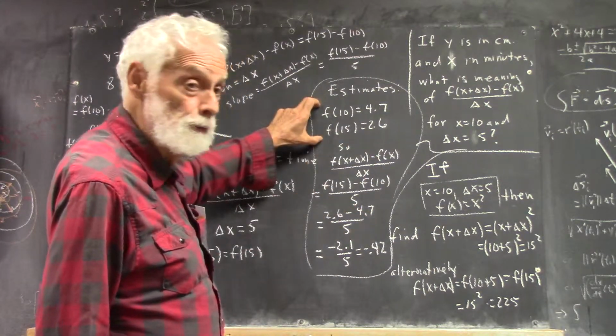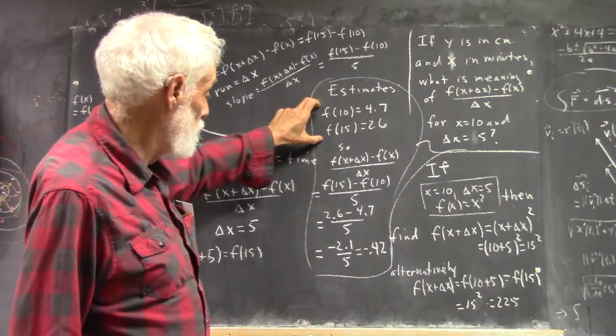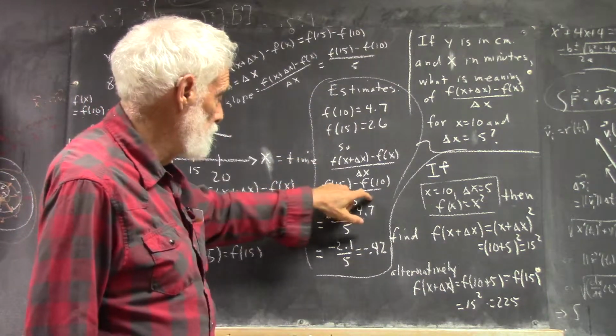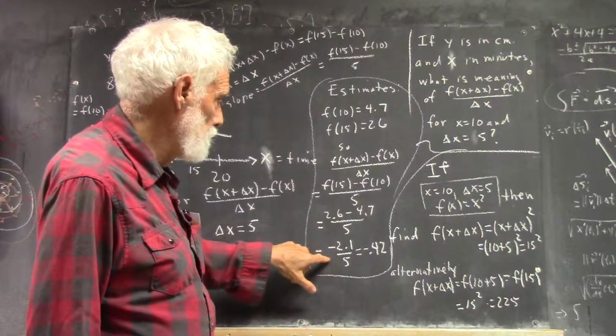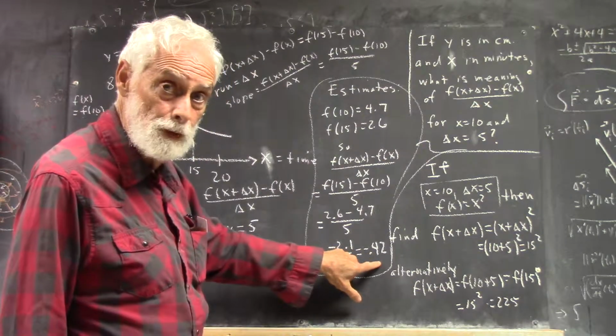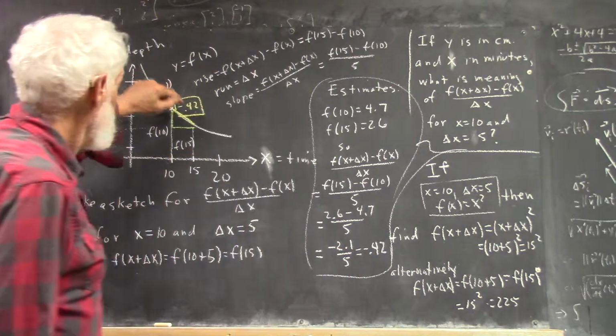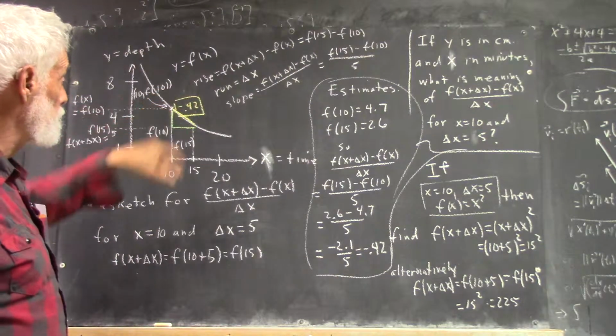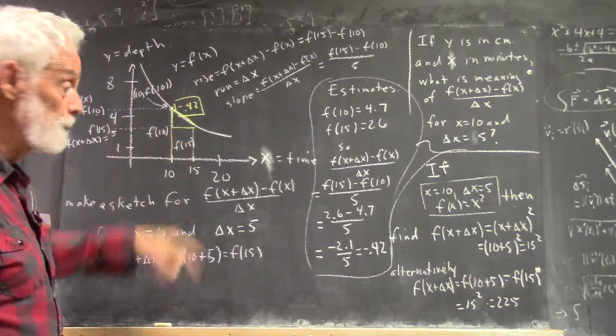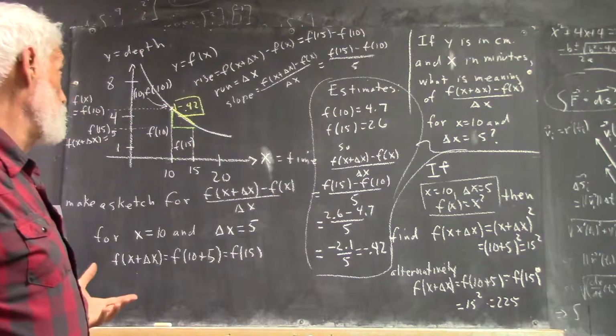We got our estimated values for f of 10 and f of 15, so we write them down here, and we do the subtraction and the division. We get this result, and then we slap it down here with a box around it to indicate that's the slope of this segment. And that's all there is to it.